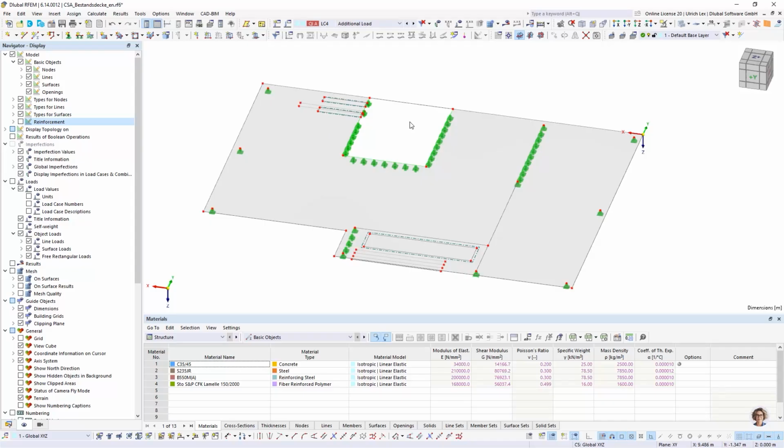When you do not know it, then you have to go one step back and compare the stresses and decide with the stresses if your reinforcement is okay, is enough or not.